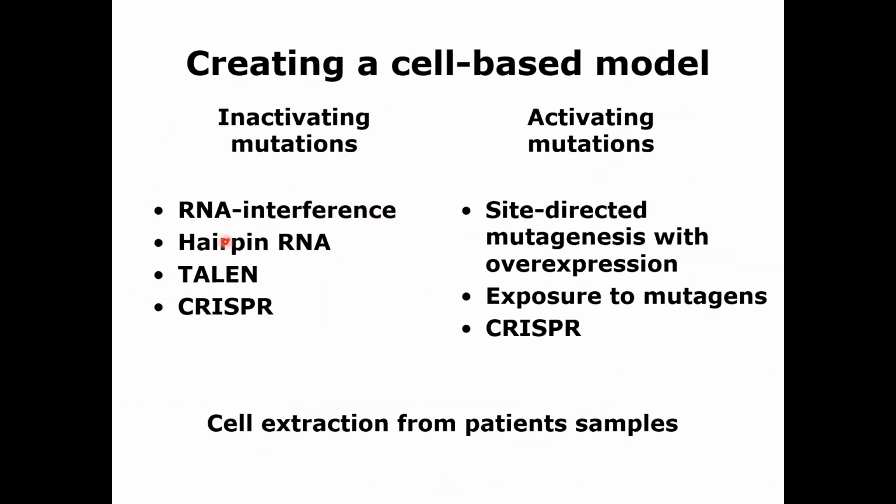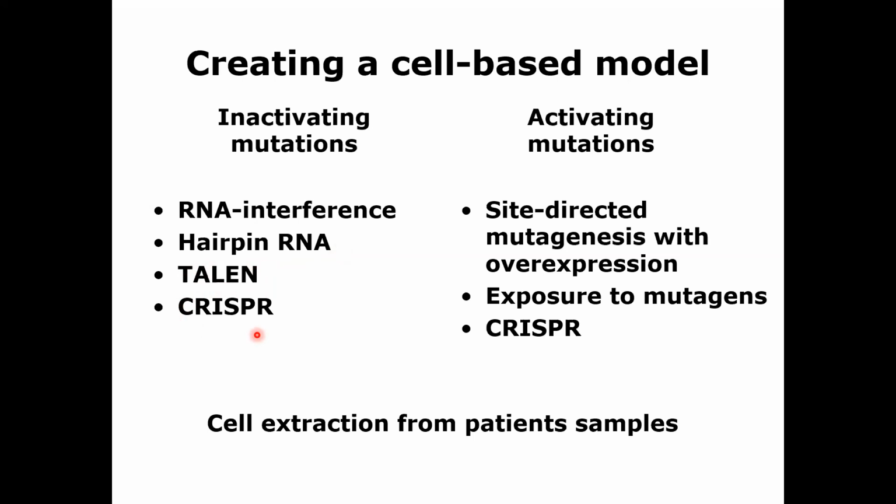We can use hairpin RNA, and if we introduce it using a virus, a retrovirus, that would be quite a permanent model with a constant gene knockdown. We can also use genome editing by TALEN or CRISPR, and that would give us a permanent model with an edited genome, just lacking the gene of interest.